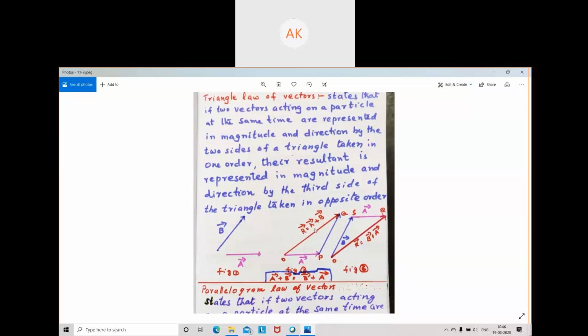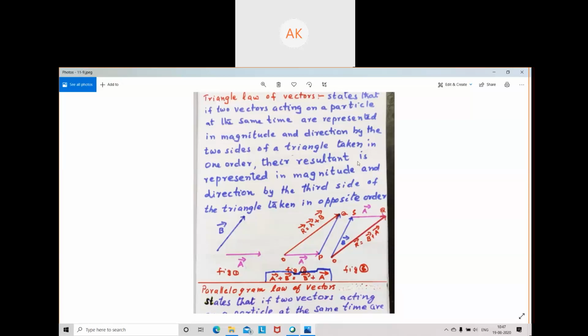So that is tail to tip method, and triangular vector addition also is similar, but you have to state it in a different manner. For example, if here we have two vectors, vector A and vector B. The statement is like this: if we can represent these two vectors as the sides of a triangle taken in the same order, then the vector drawn in the reverse order to complete that triangle will give the resultant vector.